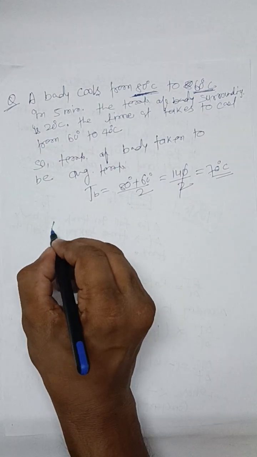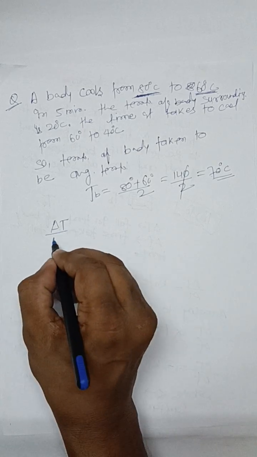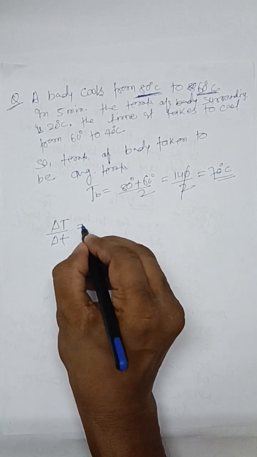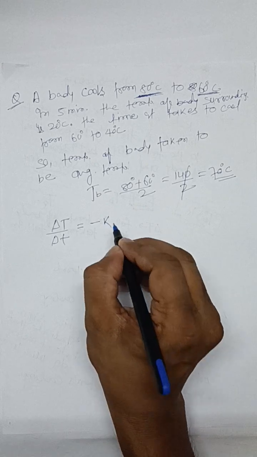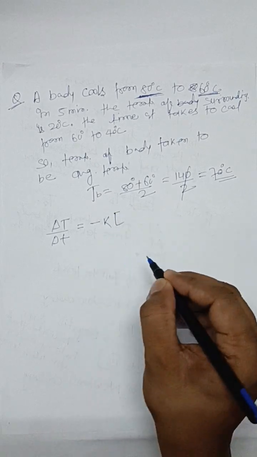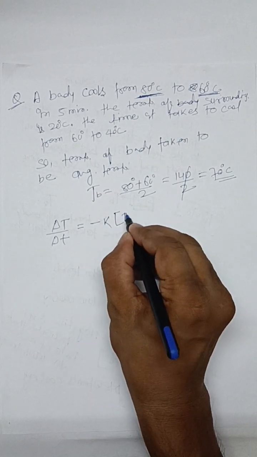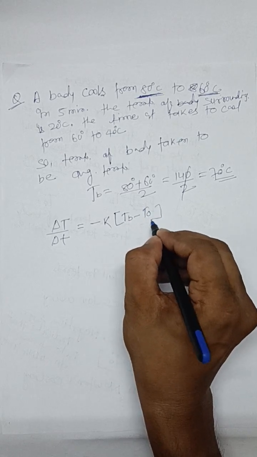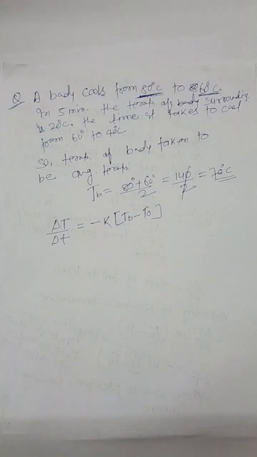We use the formula del T by del t equals minus K times (T_b minus T_0).